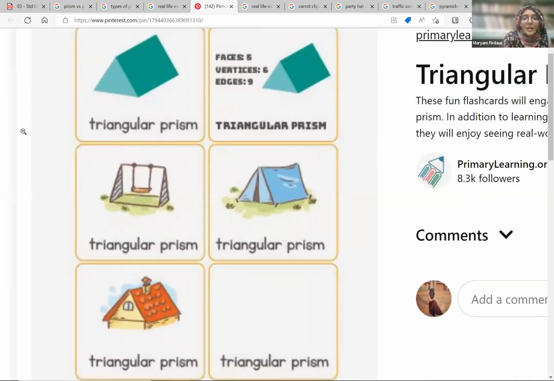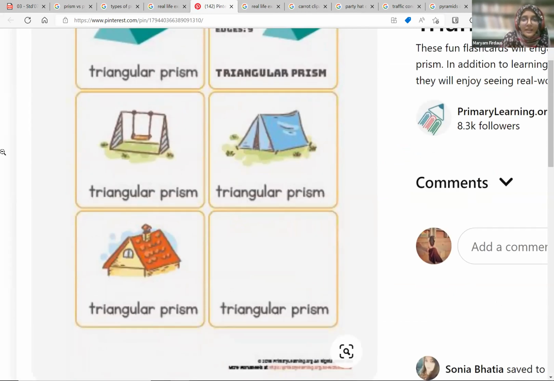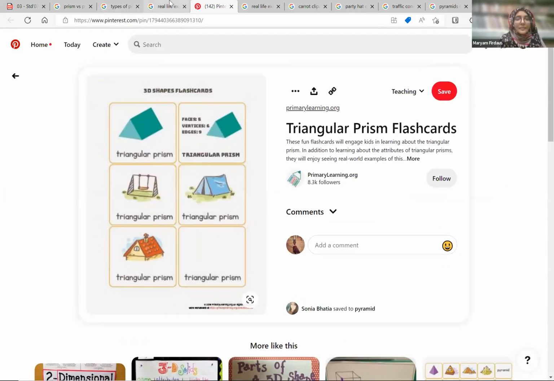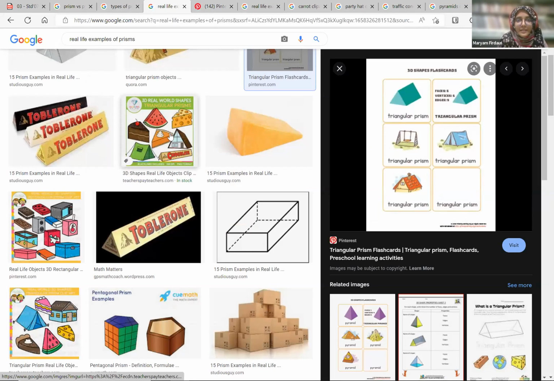The tent, as you said, and then there's this swing, and the shape of the outer boundary of the swing is like a triangular prism. Then you have this house, the top part of the house looks like a triangular prism, right? And there was one more really nice example that I saw here.